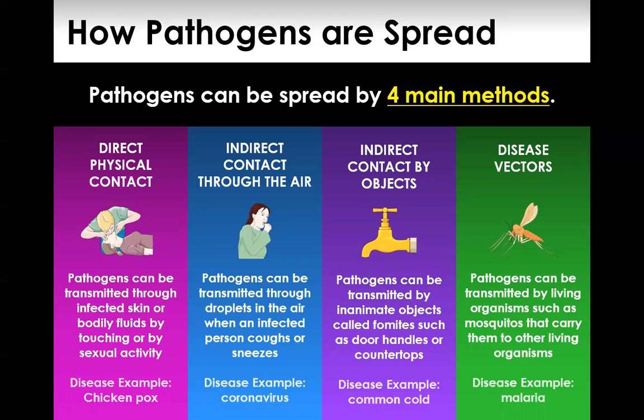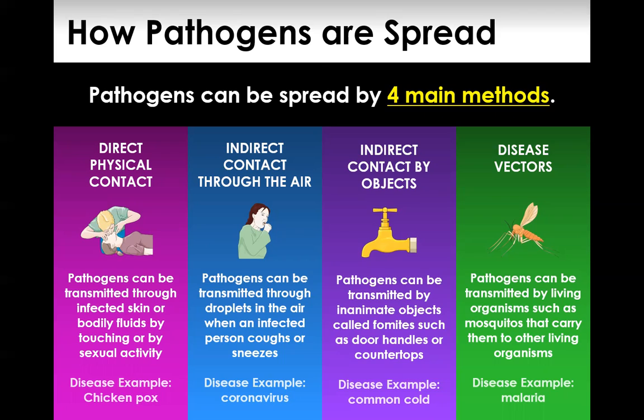When we're touching our patients and they have an oozing wound, or by sexual activity. So that is direct physical contact. That's why we implement universal precautions. Treat every patient as if they have a condition that you don't want to bring home to your families. So hand washing is going to be important, wearing gloves, masks, protective equipment.